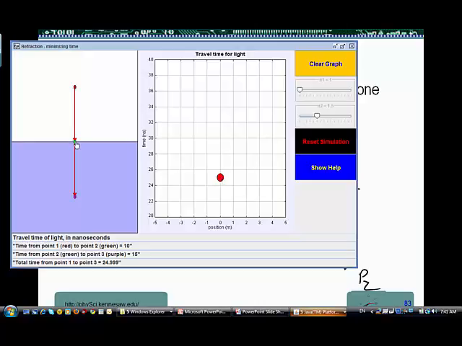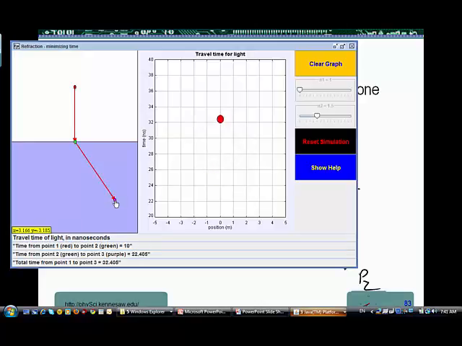We can move the point where the light is going to hit the interface. And you notice here, as we move it, we can see the time. And in this particular case, you see the minimum time is when we have the light move a straight distance without bending. Okay, now that's for normal incidence, when our angle of incidence is 0.